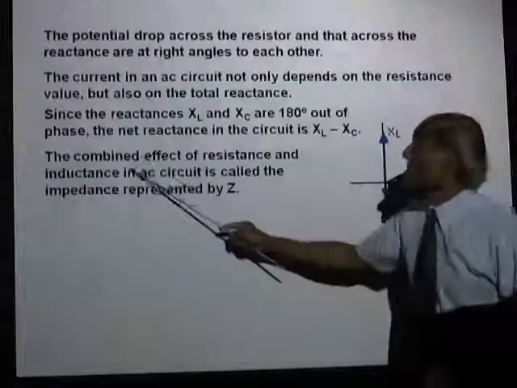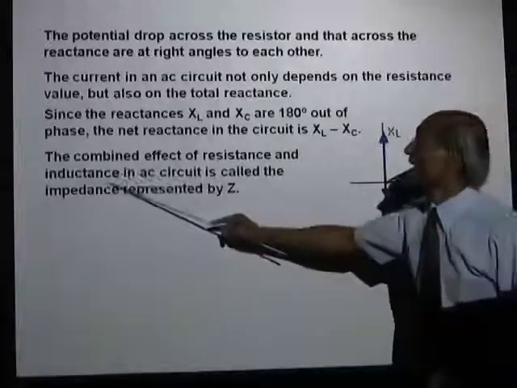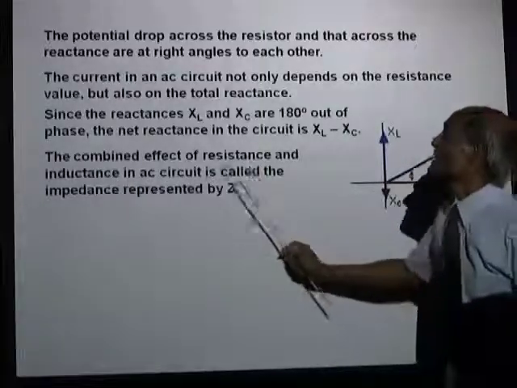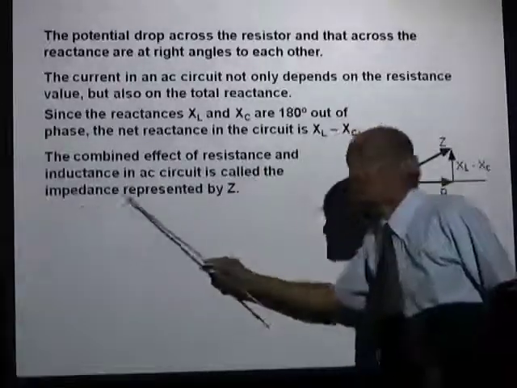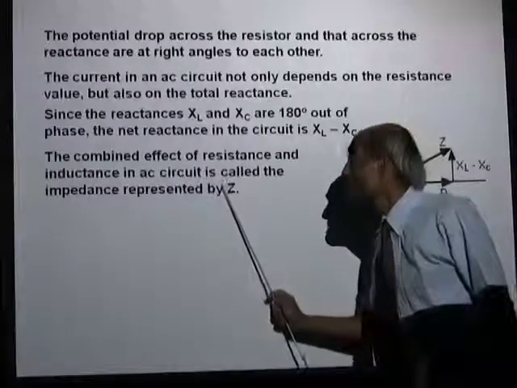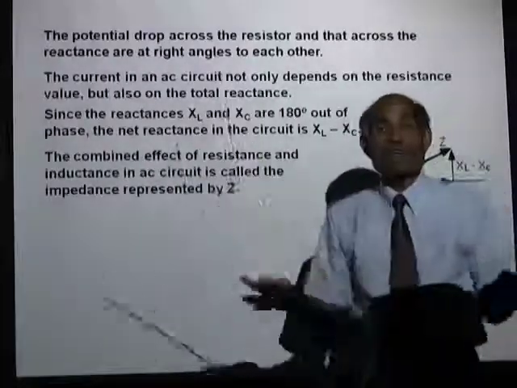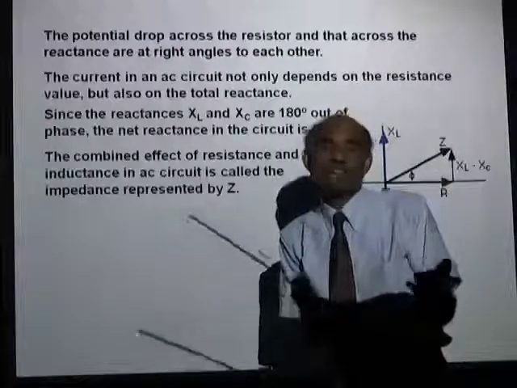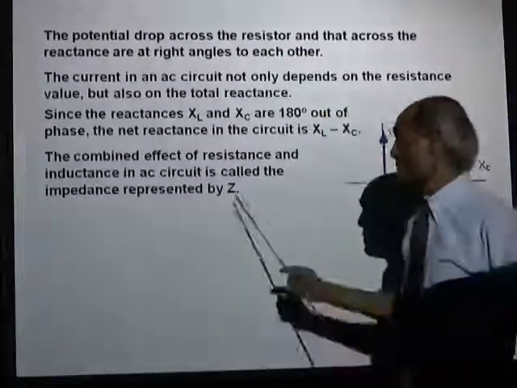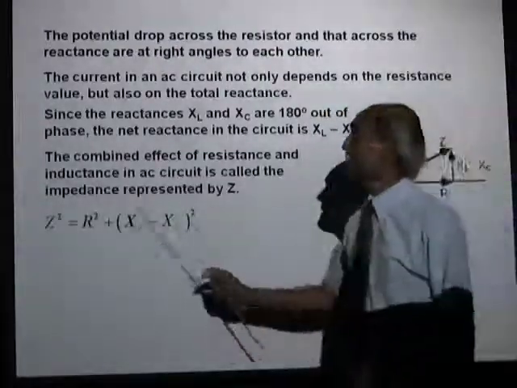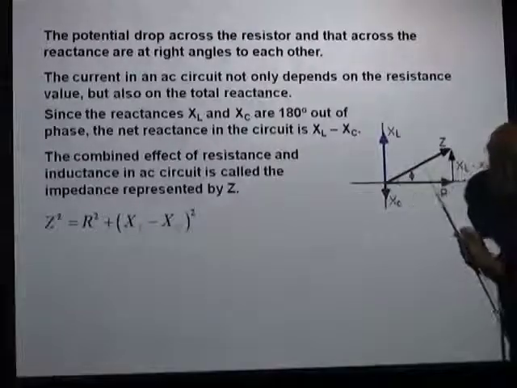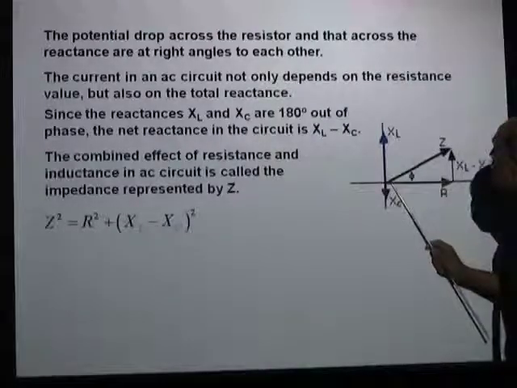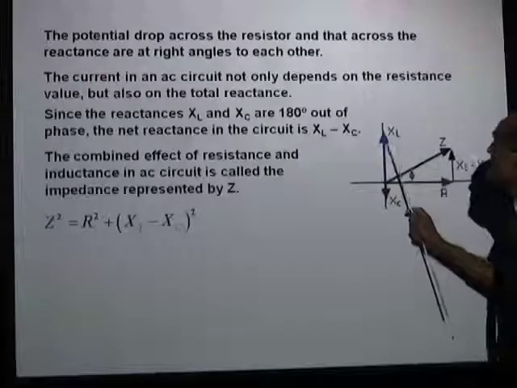Now, the combined effect of resistance and reactance in a circuit is called the impedance. We talked about this, represented by Z. The total effect of all these reactance and resistance together we call impedance. And if this is the total impedance, it is due to the net reactance.